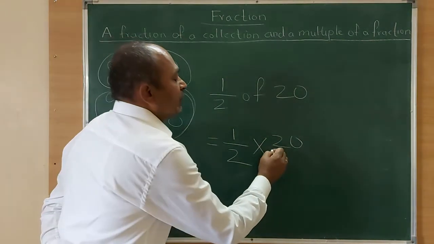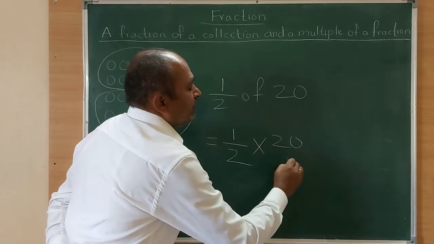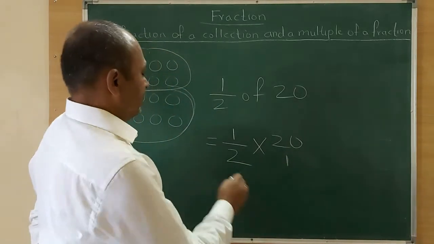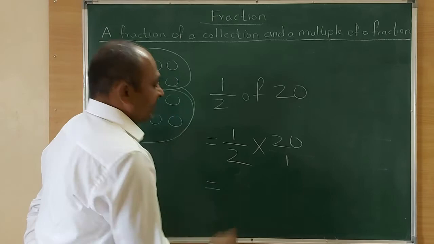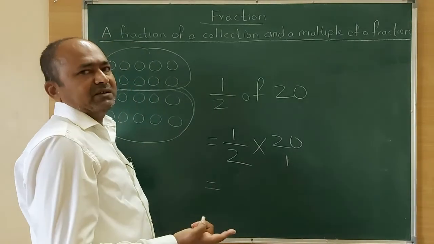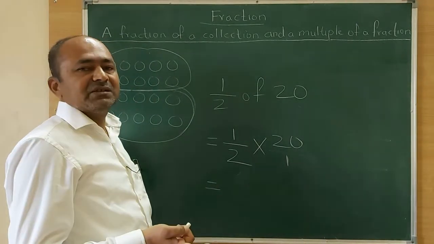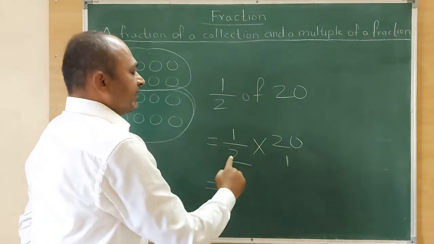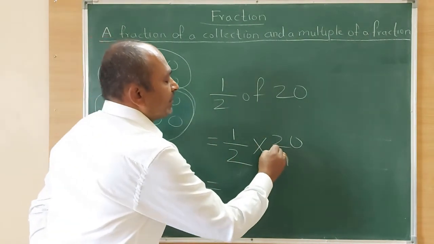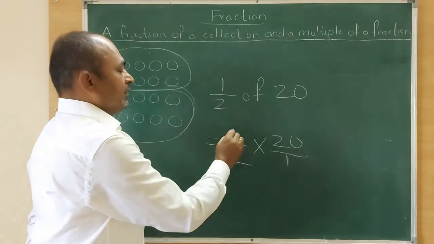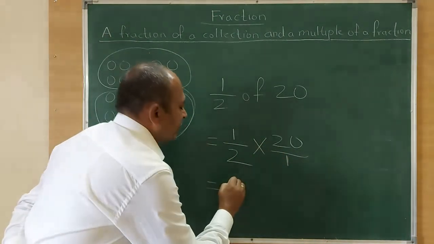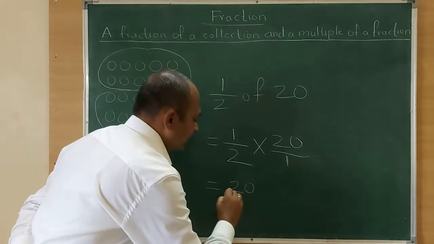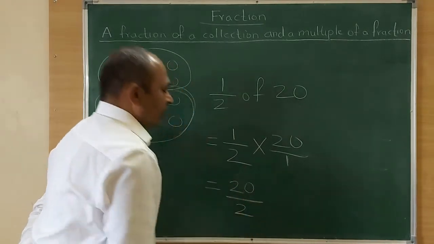Whenever there is no denominator, there is always 1 as a denominator. Multiplication of fractions is very simple, children: numerator multiplied by numerator and denominator multiplied by denominator. So 1 multiplied by 20 is 20, and 2 multiplied by 1 is 2.